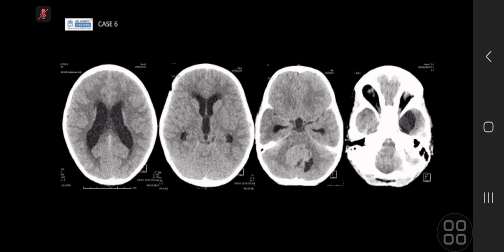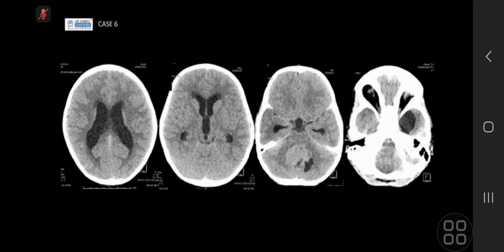So this is a case of medulloblastoma with hydrocephalic change, and I would urgently refer to the neurosurgeon for shunting to relieve this hydrocephalus. The other differential for me is ependymoma. However, ependymoma usually shows extension through the foramen of Magendie and Luschka, and it has a more regular outline.